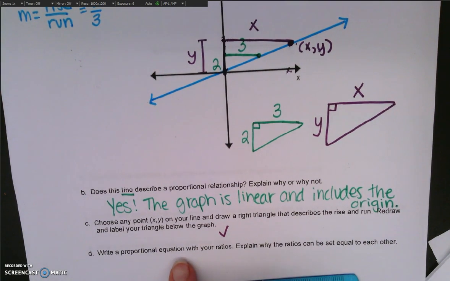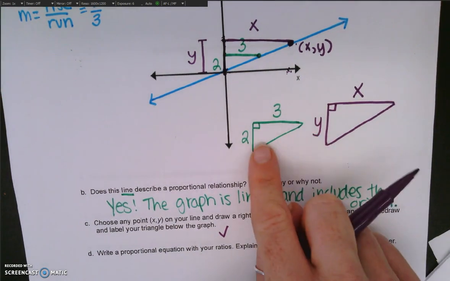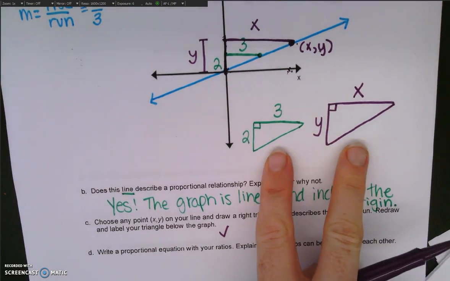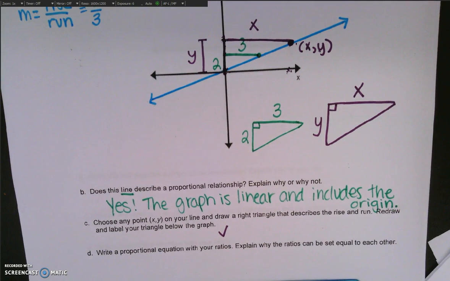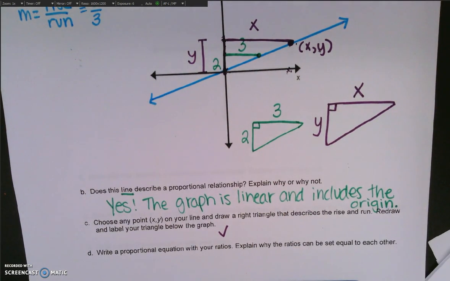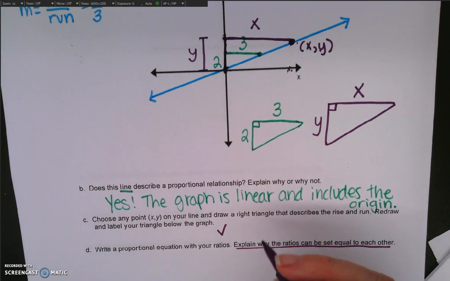Write a proportional equation with your ratios. Explain why the ratios can be set equal to each other. Looking at these two triangles, because they are dilations of each other, which make similar figures, our corresponding side lengths are proportional. So explain why the ratios can be set equal to each other.